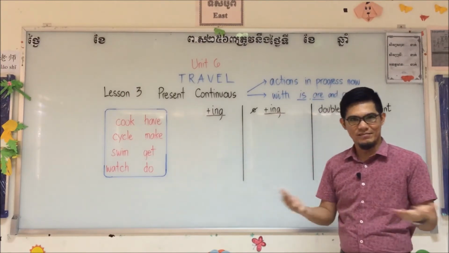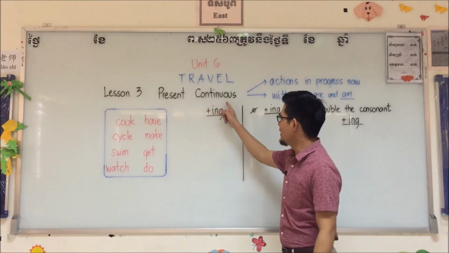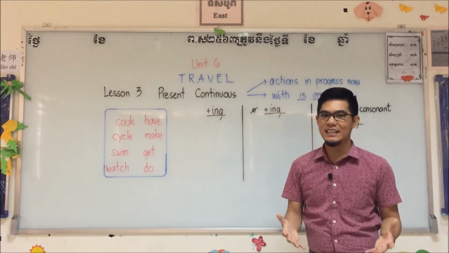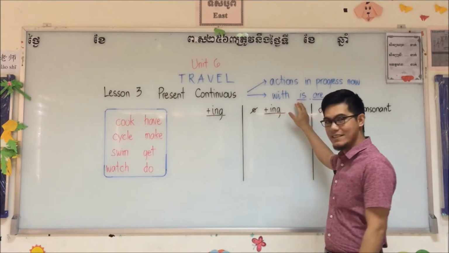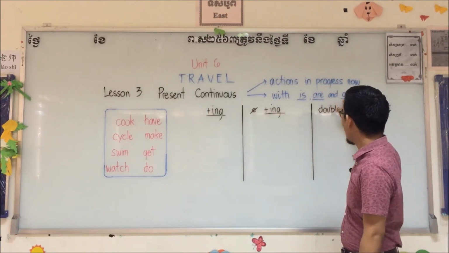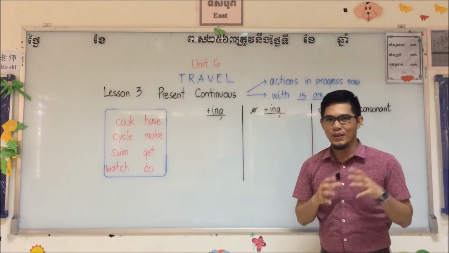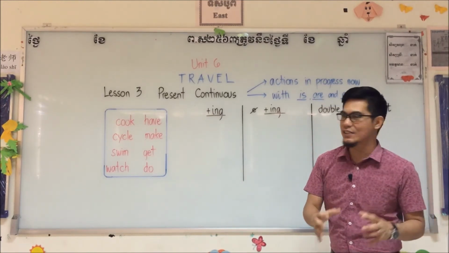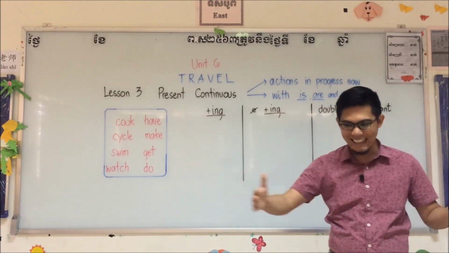Sir, can you explain more? Yes, we go on. Present continuous, when we use it in a sentence, it always comes with is, are, and am. You get it? Again, present continuous are actions in progress now, meaning it's happening now.